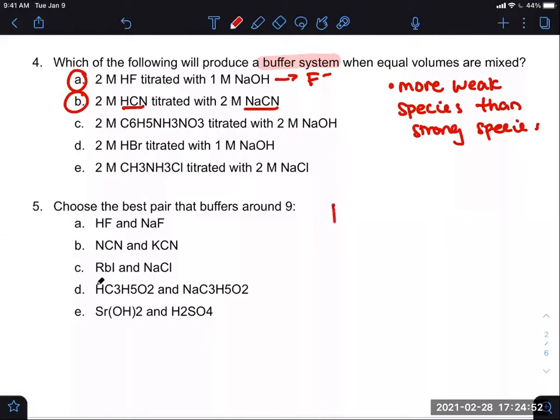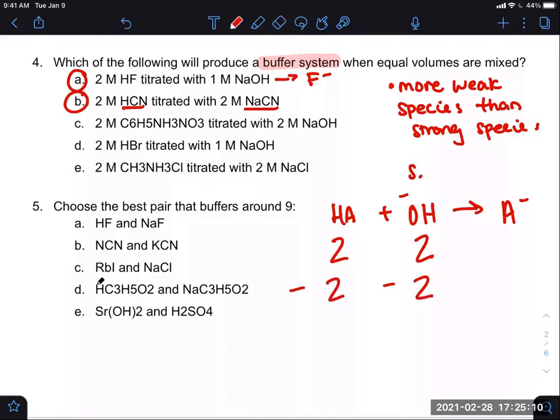So we'll just say HA plus OH will turn into A minus, okay? If we have 2 of this and 2 of that, then these will both be subtracted. This is the strong base, and this is the weak acid. And I'm talking about number C here. These will both turn to 0, and this will turn into 2, right?